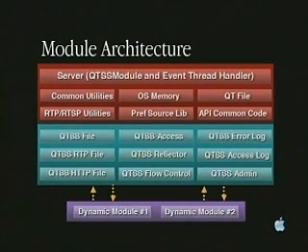Down at the very bottom of the diagram, you'll see 2 blocks in lavender. Those are meant to be illustrative of modules that somebody else wrote, perhaps you, that are loaded when the server starts up to provide some kind of new functionality that's not available in the core server.